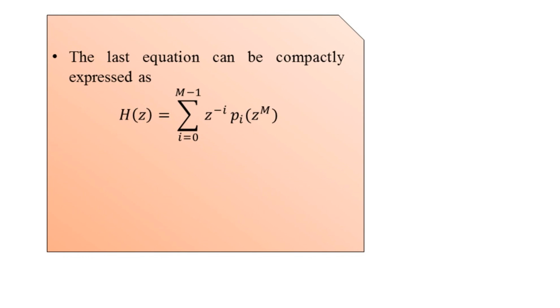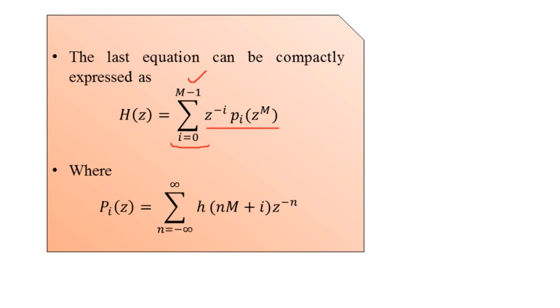So it will be the summation for the index variable i equal to 0 extending up to M-1, and this summation is carried out on the multiplication of z^(-i) with P_i(z^M). So here P_i(z) is equal to the summation for n equal to minus infinity to infinity of h(nM+i) z^(-n).